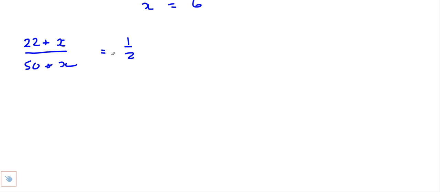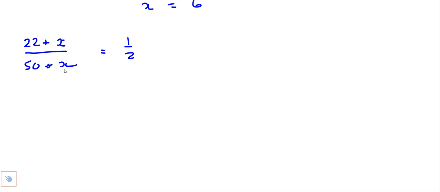I've got an equal sign, and that means what's on the left has to equal what's on the right. If I make the denominators the same, then the numerators must be the same as well. So what I can do is try and find, as you've done before, a common denominator.